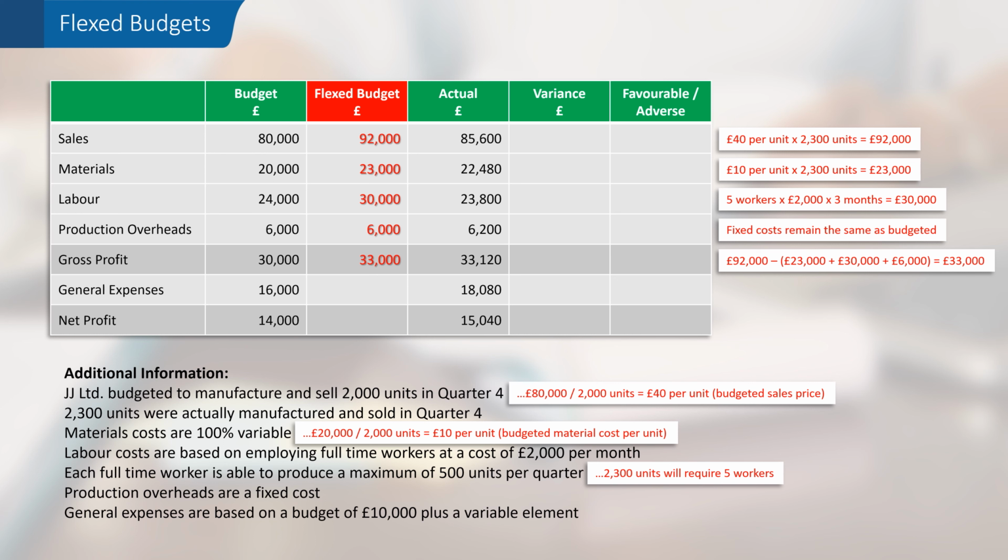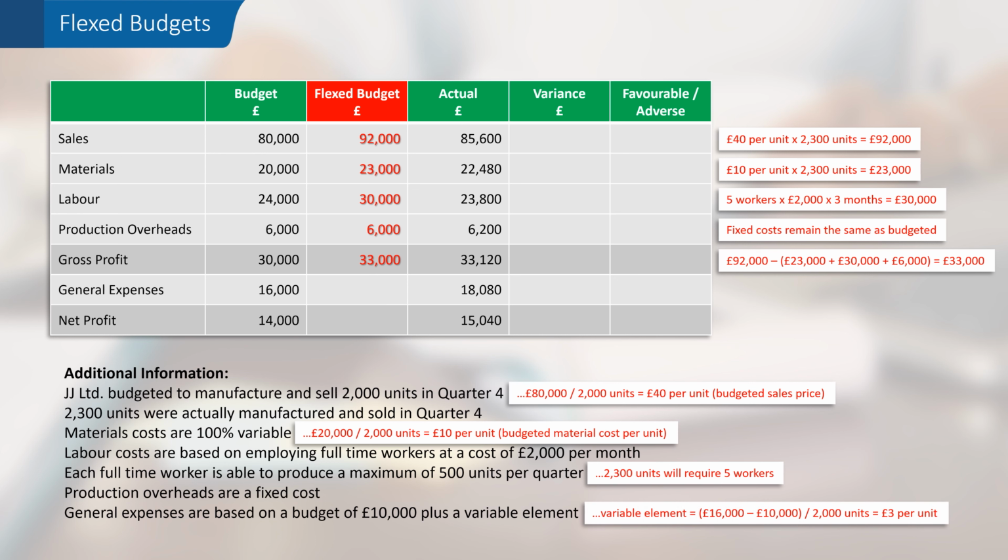Now for general expenses, which we're told has a fixed and variable element to it. That is, it's a semi-variable cost. To be able to flex this expense, we need to first find the variable cost per unit. General expenses in our original budget was £16,000.